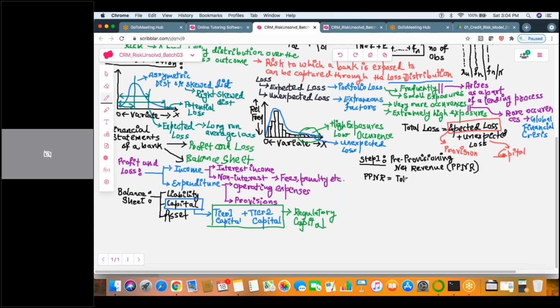First what I have is the total interest income. Or let me not use the term total interest income, let me use the term net interest income.